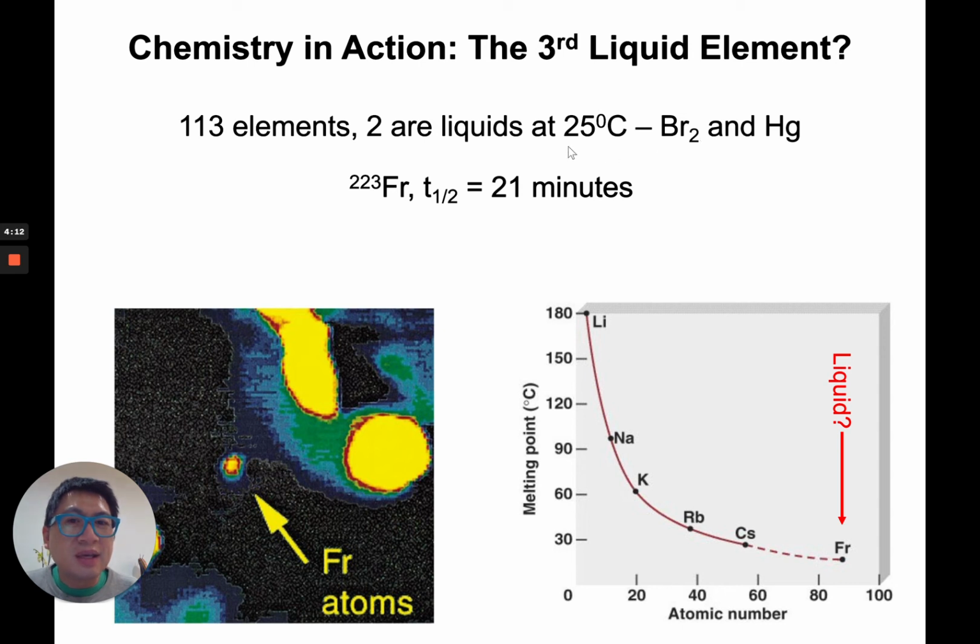If you could somehow purify it, and you can't control it from breaking apart naturally, but if you had a whole bunch of pure francium, which is highly reactive and also quite radioactive, you probably wouldn't want it anyway. But if you did, it probably would be a liquid at room temperature. So there could be a third liquid element, francium, on a periodic table, but at the same time, it doesn't really matter.